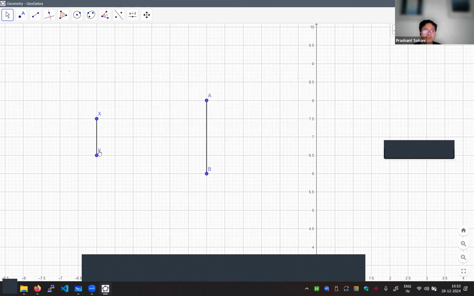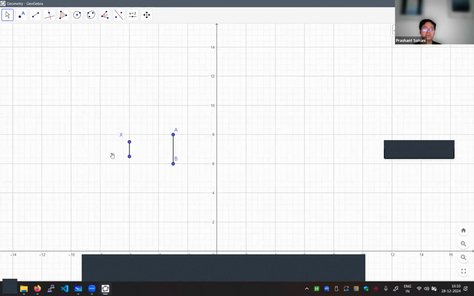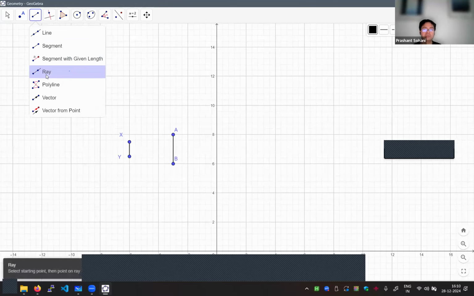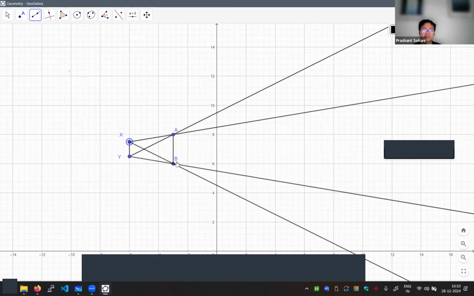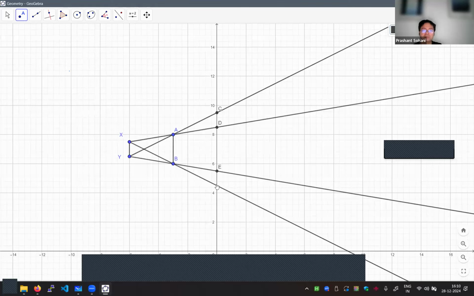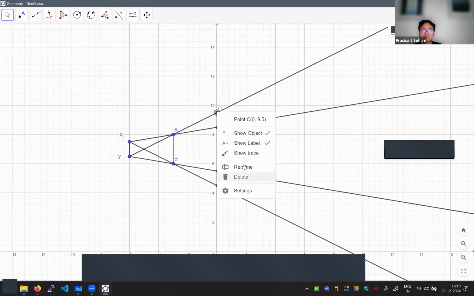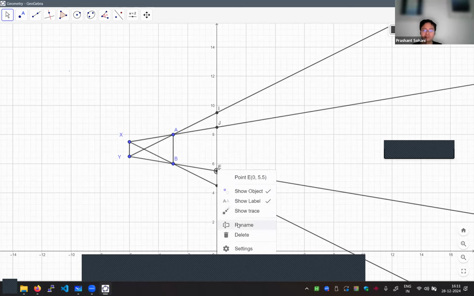XY is my light source, and this object is twice the size of the light source. Then through X and Y, I will draw the lines to form the umbra and penumbra. So this is the umbra, and this is the penumbra, and these points we label as I, J, K, L. I avoided the labels CDEF because D was there in the question also, right? It would be confusing which D we are referring to.